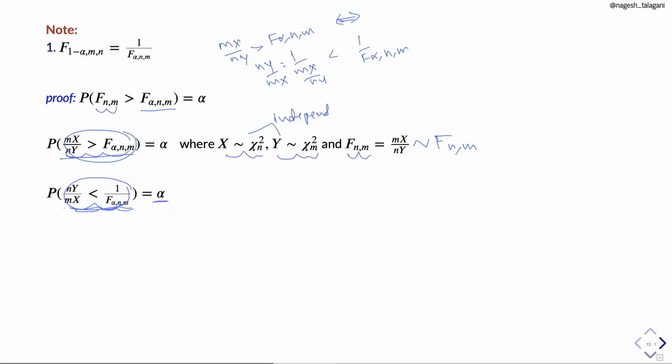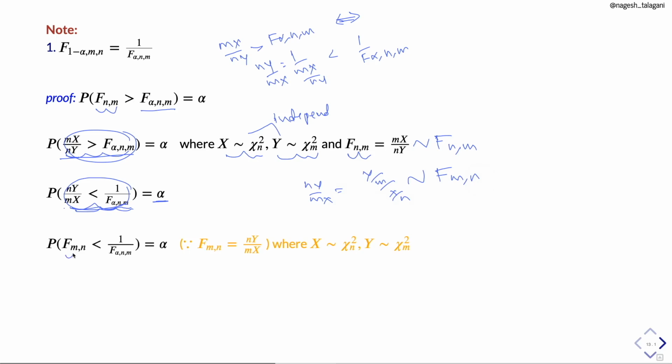Now this (nY)/(mX) we can see as (Y/m)/(X/n). So this is going to follow the F distribution with m and n degrees of freedom. So now I can write this as the probability of F m,n less than 1 by F alpha n,m equal to alpha.